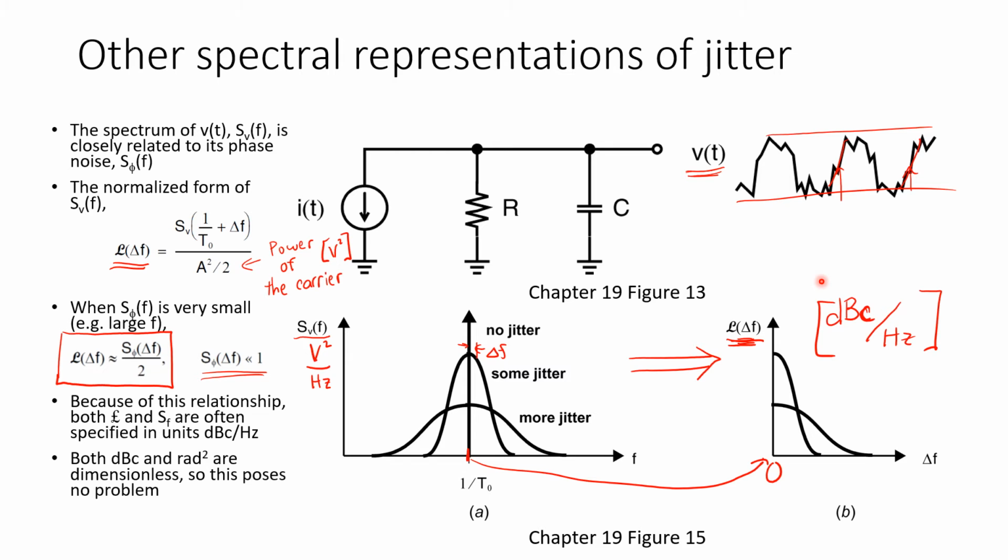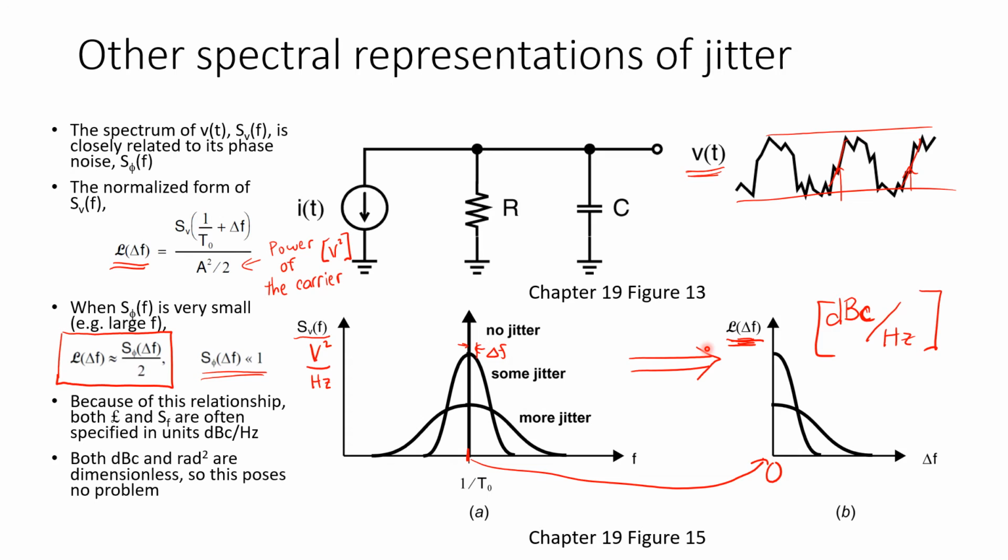But one way you can make sense of this is to recognize that dBc is a normalized quantity that is actually dimensionless, and so are radians, in fact. Radians are, strictly speaking, dimensionless because it just expresses something as a fraction of the total circumference of a circle, essentially. So mathematically, this problem of the units should pose no problem. It's just nice to keep in mind these different definitions.